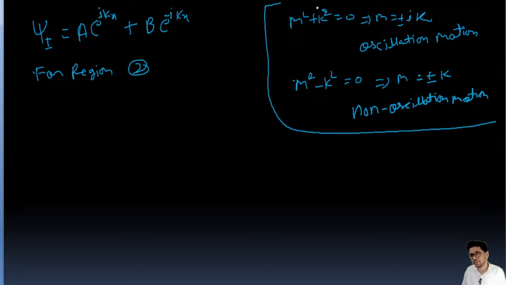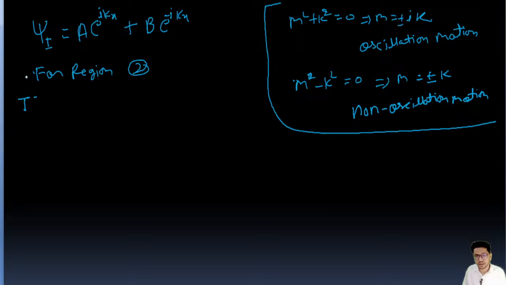Very important point. If m equals plus minus iota k, an imaginary number, then it is oscillation motion. If the value of m is a real number, then it is non-oscillation motion.